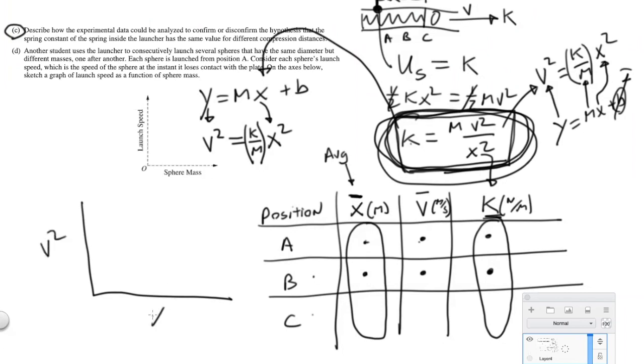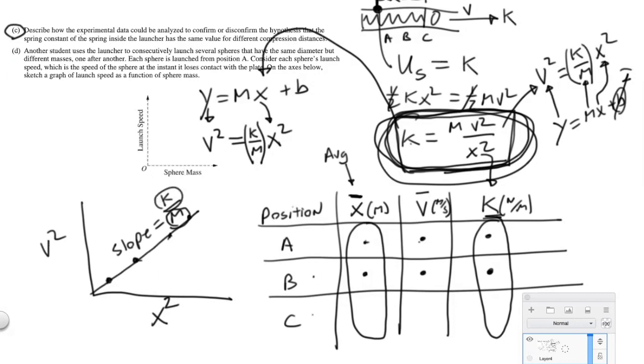So v squared, x squared, we would look for this. If the data points that we get from plotting v squared and x squared are a straight line, well, the slope of this should be k over m, and m is a constant. So if the slope is constant, that means that k is constant.